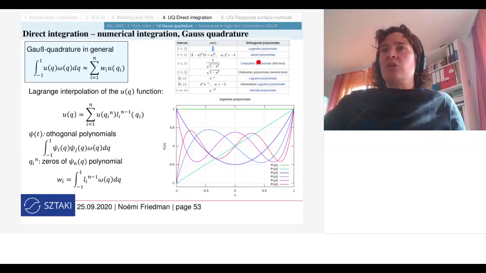And for example, for the uniform distribution function, you use these Legendre polynomials. Now in this table from Wikipedia, the interval given was from -1 to 1.